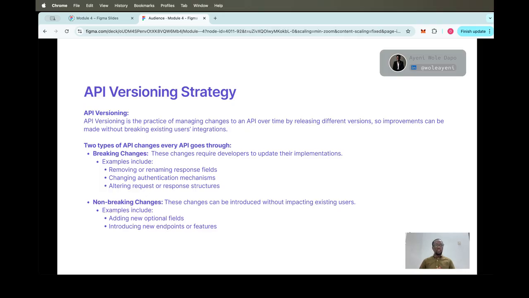Take, for instance, I'm integrated with your system, and at the point of integration, your system returns five fields: first name, last name, age, marital status, and your position in the family or your job title. I've built my solution around these five data sets. And all of a sudden, my provider makes an update to the API and chooses to remove job title.